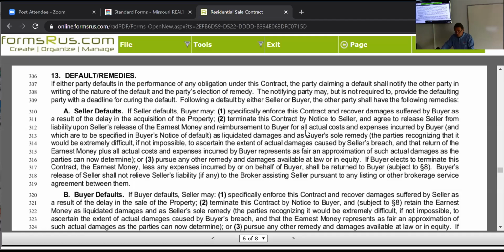But also, say you have an inspection, you provide an inspection notice, you can't come to an agreement, and the parties agree to terminate the contract without penalty. Those items that were disclosed during the inspection, if they're material to the property, have to be disclosed. Now, your seller can refuse to do it, but you as an agent have a responsibility. The basic rule is if you know it, then everybody else should know it.